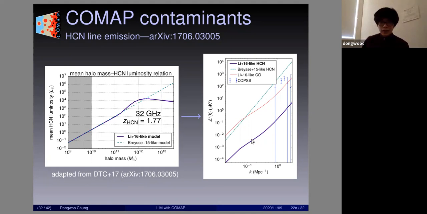But with the more motivated, more realistic prescription, which puts a limit on how bright these extreme emitters can be, the HCN stays well below the forecast CO signal.